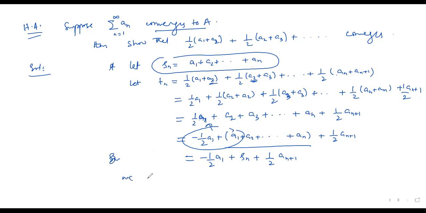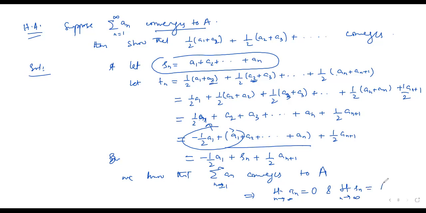Now we know that the summation, n runs from 1 to infinity, converges to L. First, this converges to A. So it implies that first of all, limit n approaches infinity an is equal to 0, and limit n approaches infinity Sn should be equal to A. Our work is done.